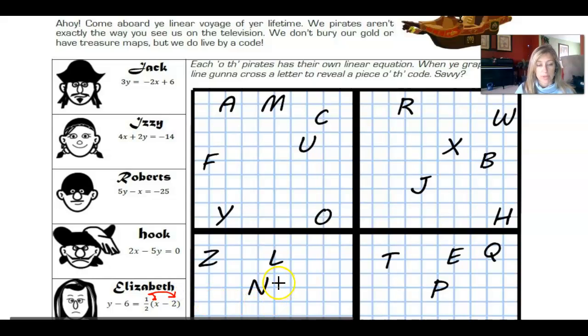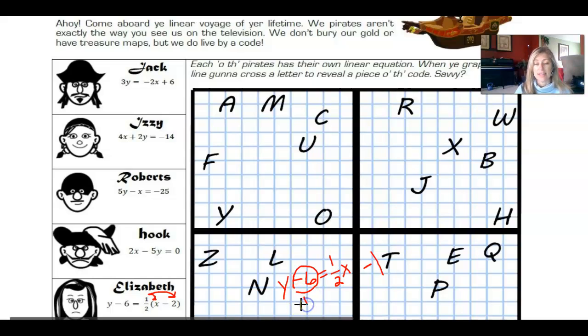When I get done with Elizabeth here, if everybody can see this right here, I have distributed through, and now I'm going to write in the middle of the screen, y minus 6 equals 1/2 x. And then 1/2 times 2 is 1, and it was a negative 2, so it's a negative 1. Not done yet, though. I have to have y all by itself, and I still have y minus 6.